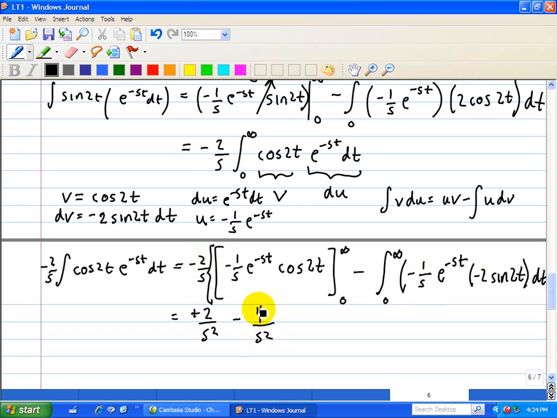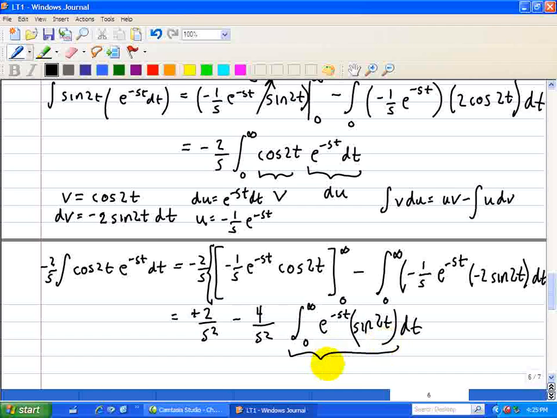When we leave the remaining integral by itself, e to the minus st sine of 2t dt, this expression is simply the Laplace transform of sine of 2t by definition. All this is equal to the Laplace transform of sine of 2t.